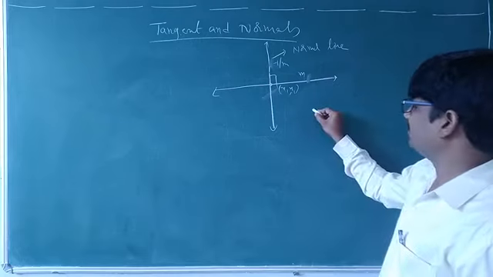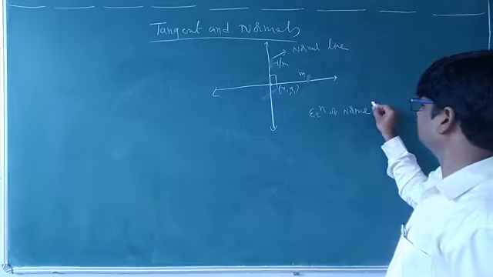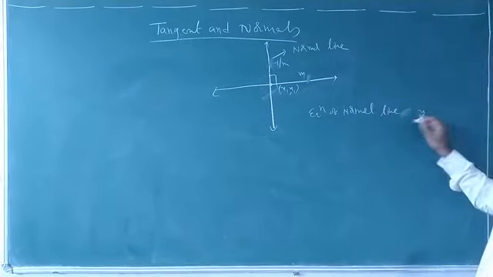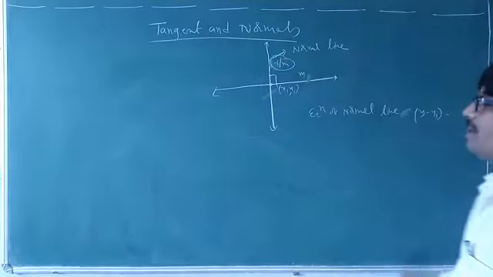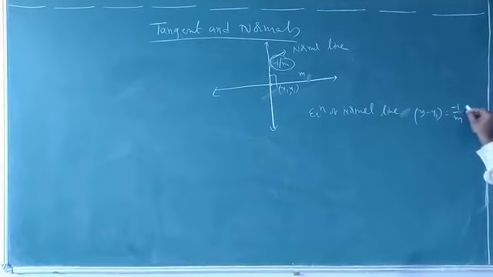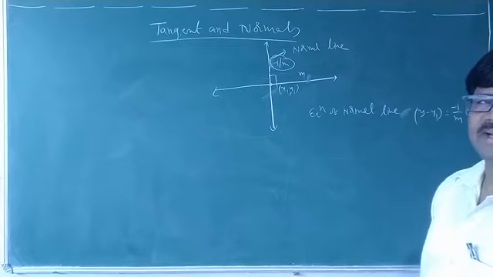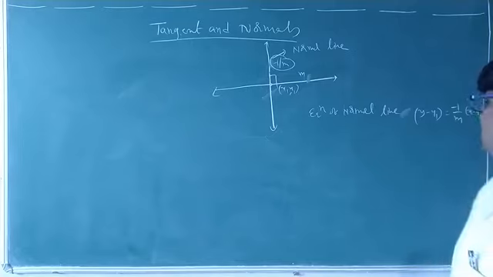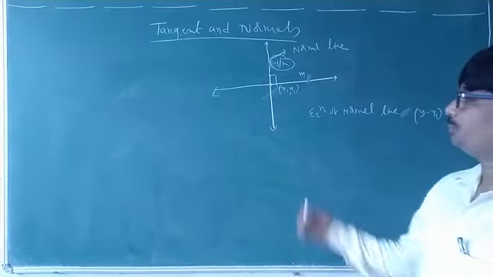The equation of the normal line is y minus y1 is equal to minus 1 by m into x minus x1. This is the equation of a normal line.